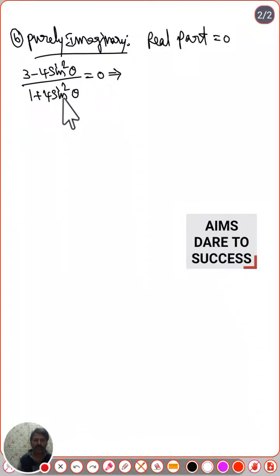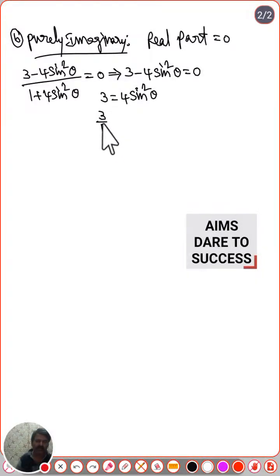Take cross multiply. We get 3 - 4 sin square theta = 0 into something, which is 0. So 3 = 4 sin square theta, after taking -4 sin square theta to the right side. Next, multiplying 4 coming to this side, we get 3/4 = sin square theta.